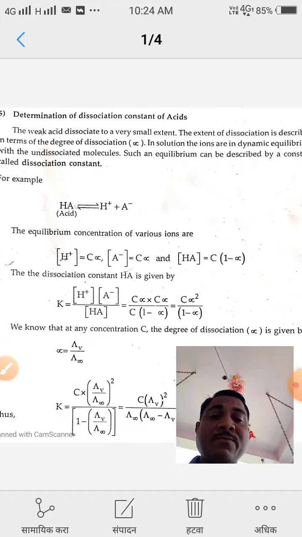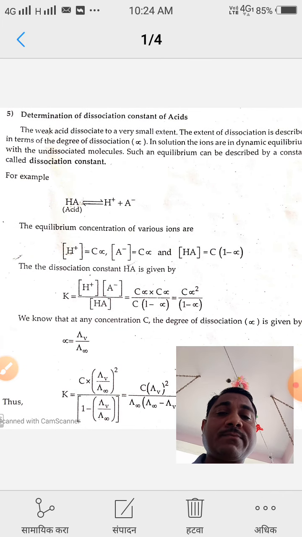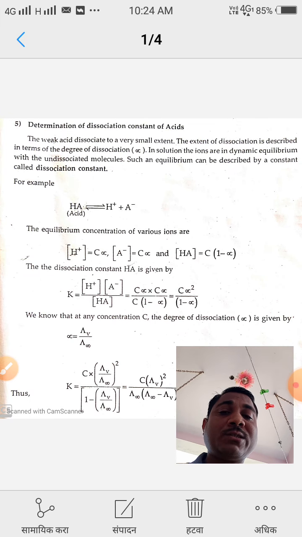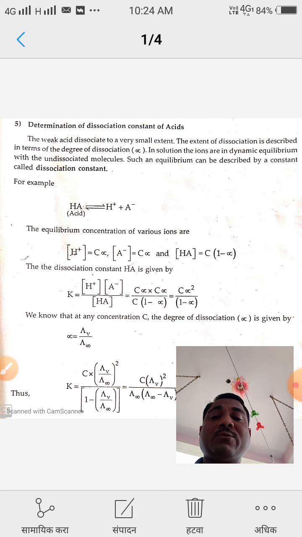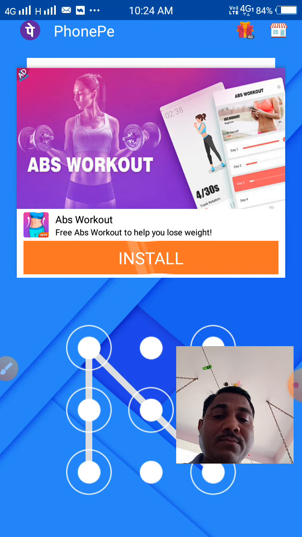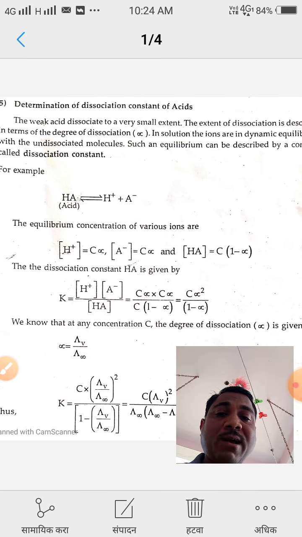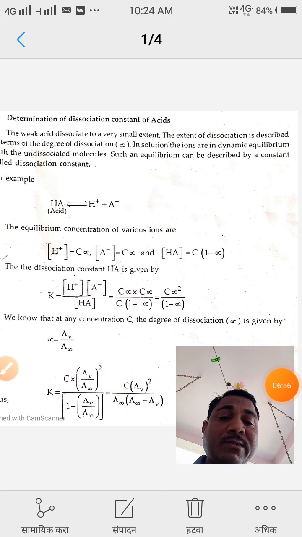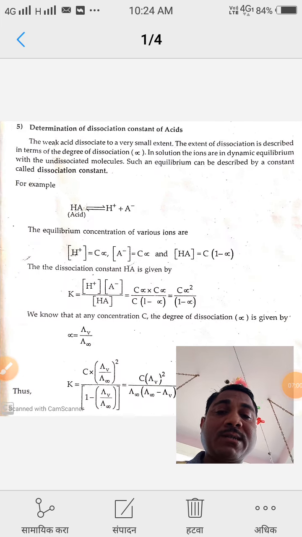A weak acid dissociates to a small extent. The extent of dissociation is described in terms of the degree of dissociation, alpha.